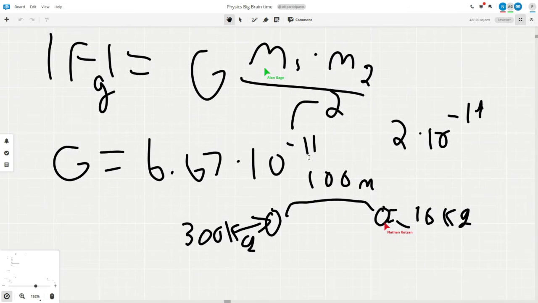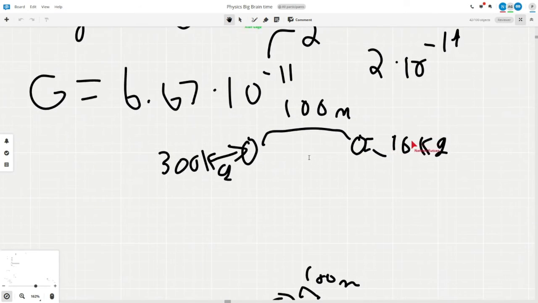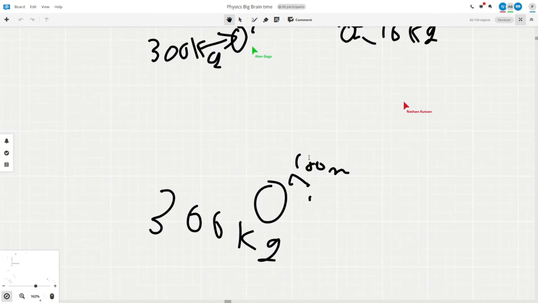Using this equation we have up here, which is G m1 m2 over r squared, how could we figure out the gravitational acceleration of a person in this scenario, even though they didn't give us the mass of the person?